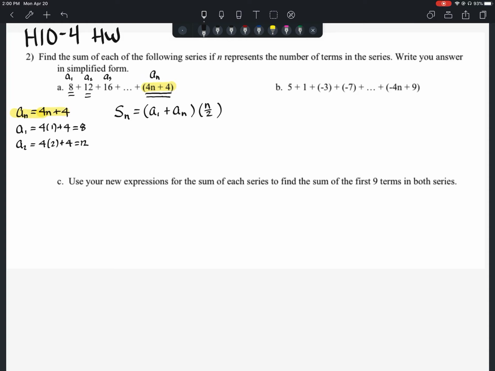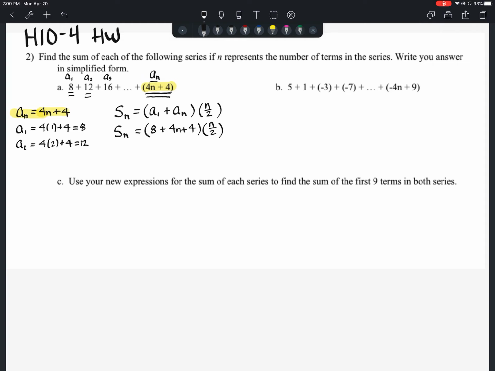So we'll substitute in the values that we know and then simplify it down. We don't know what n is, so this is still s sub n. The first term is 8, and we're going to add to that, instead of a sub n, the 4n plus 4. And then it's still times n divided by 2.